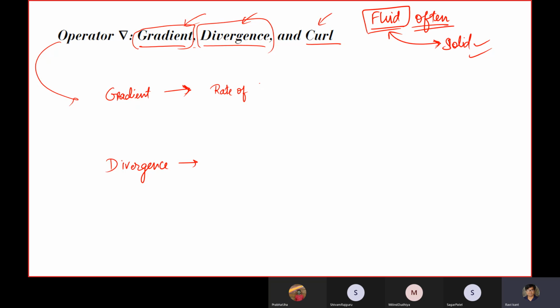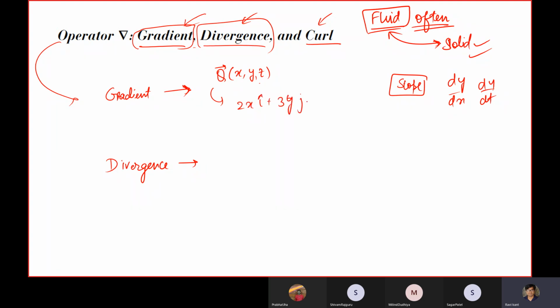So in scalar, it is talking about the slope. In scalar you can actually write dy by dx very easily, dy by dt or something. But the problem is when you have a vector field. Let's suppose I have a quantity q which is a vector field, a function of x, y, z, in general 2x i plus 3y j and 5z k.